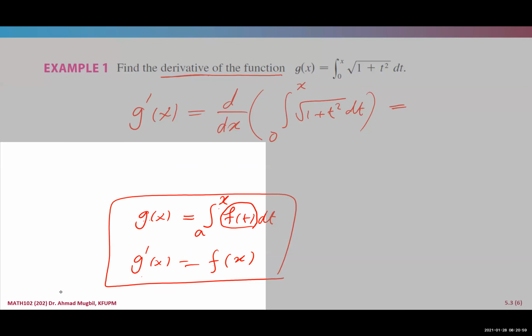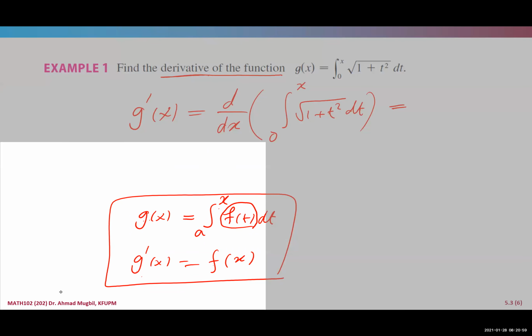We replace t by x. It will be the square root of 1 plus x squared. Yes, f of x. Now you know it, Muhammad. Yes. Excellent. So this is just a direct application, guys. This is a direct application of the fundamental theorem of calculus part 1. Let me call it shortly FTC1.